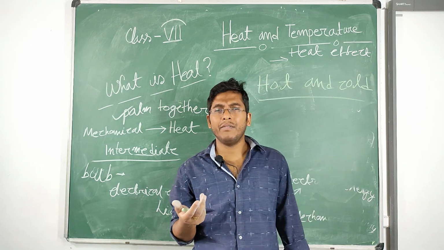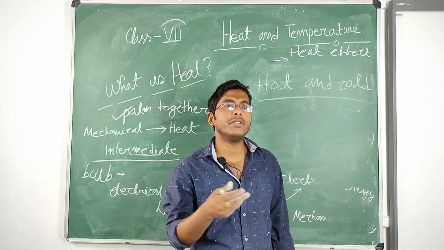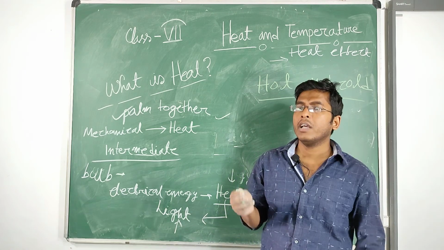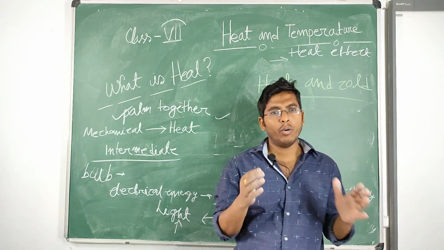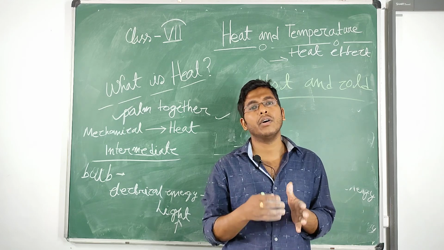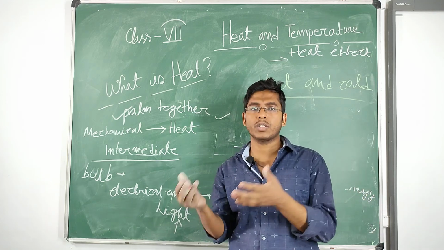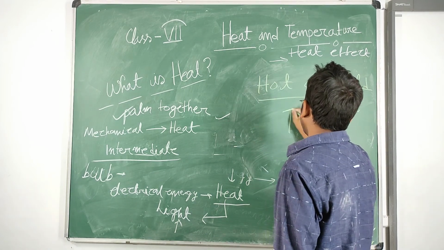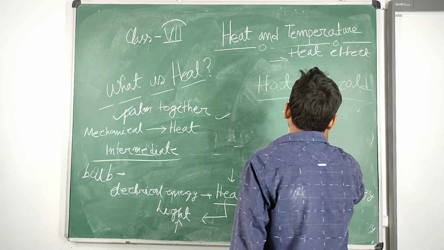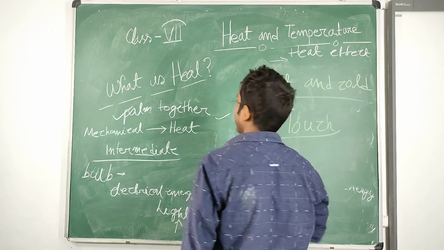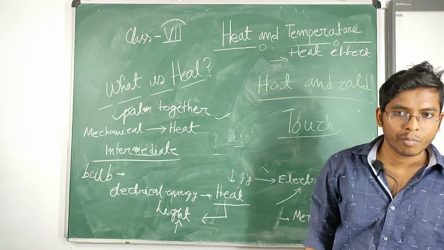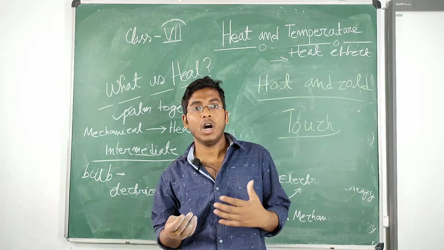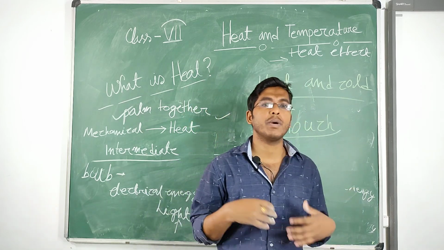In your daily life, you see many examples of this. Normally we determine whether something is hot or cold by simply touching it, but touch is not a reliable measurement of the hotness or coldness of a body.